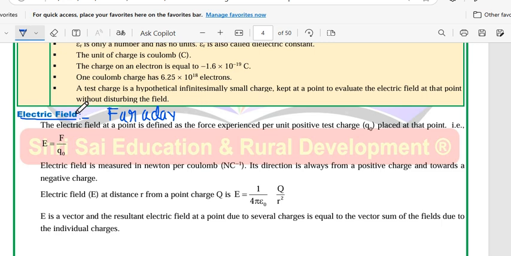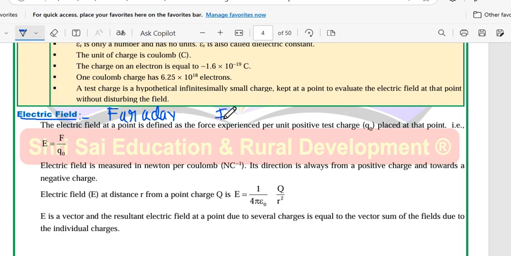See, electric field is introduced by Faraday, who was a physical science scientist, and this is also called the electric line of force.